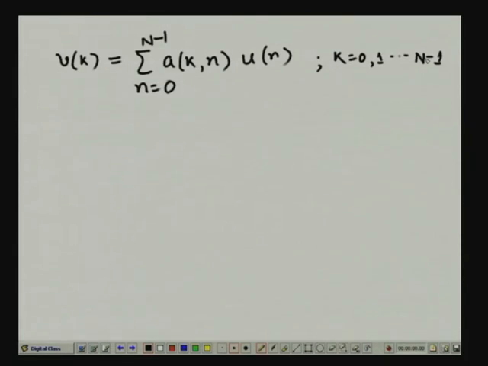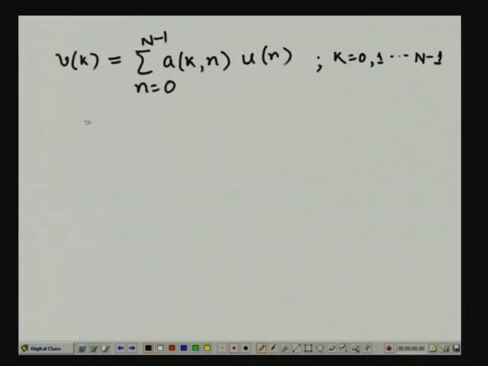Now, if A is a unitary matrix, then from vector v I can also get back our original vector u. For doing that, we will pre-multiply v by A inverse. This should give me the original vector u, and because this is a unitary matrix, A inverse v will be nothing but A conjugate transpose v.